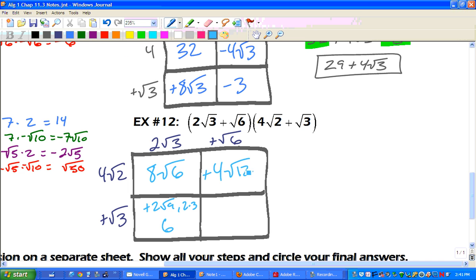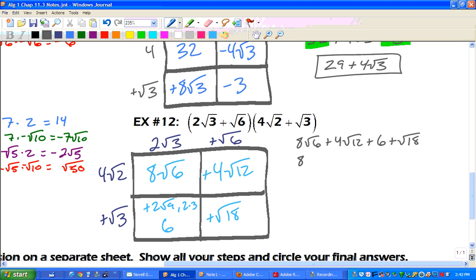Okay? And then 3 times 6 is root 18. Okay, so we have 8 root 6 plus 4 root 12 plus 6 plus root 18.